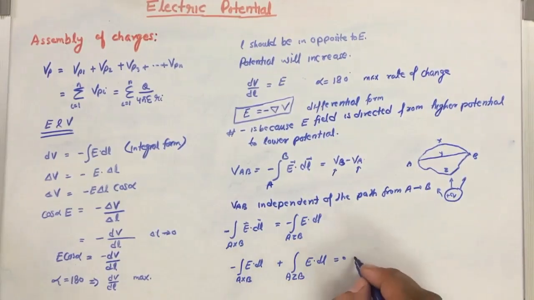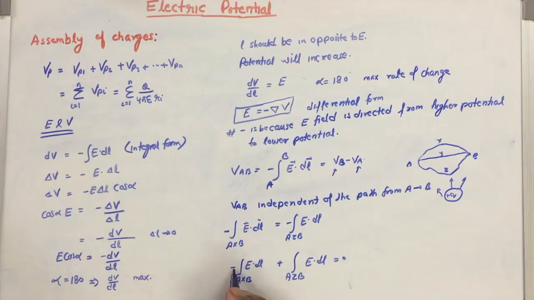Further we can write, you can write BZA with the negative of this, or here we can write BXA with the negative of this, that will be positive.